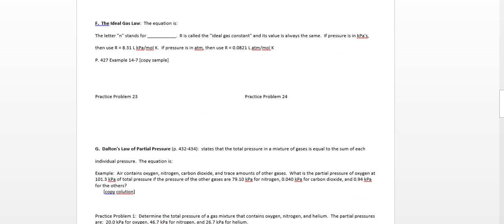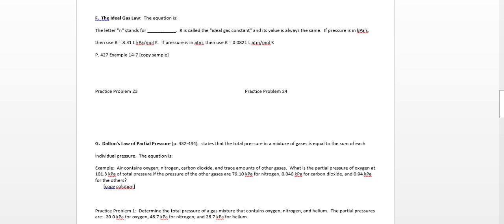And then we just did ideal gas law. So you see the different R constants there, right? If it's kilopascals, it's that number. If it's atmospheres, it's that number. I don't remember what the number is for torr, but I don't remember learning about torr. I think we're just doing those 3 for now.